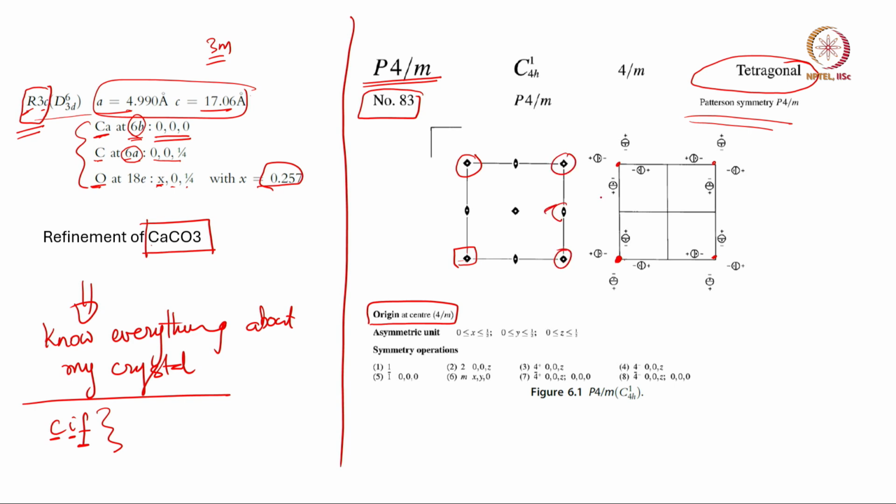But accidentally I am also generating something which is not a lattice point, which also has 4/m. We saw this earlier. So when we are looking at space groups, this is the representation of all the symmetry elements in your unit cell, and this is the representation of all the symmetry operations in your unit cell.